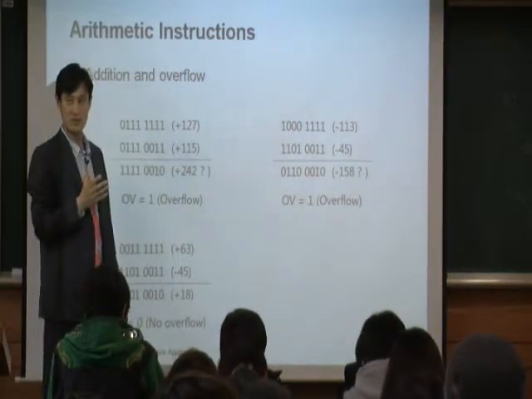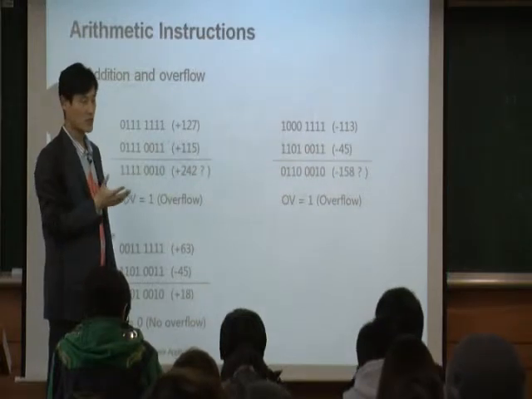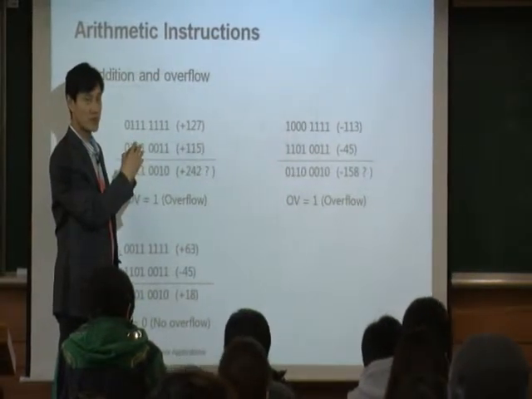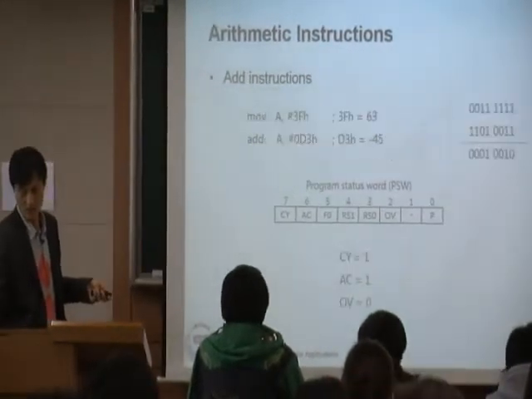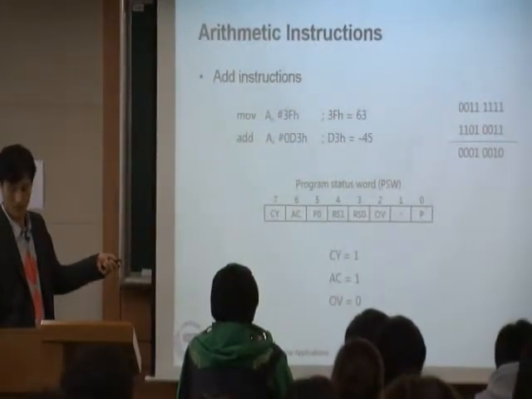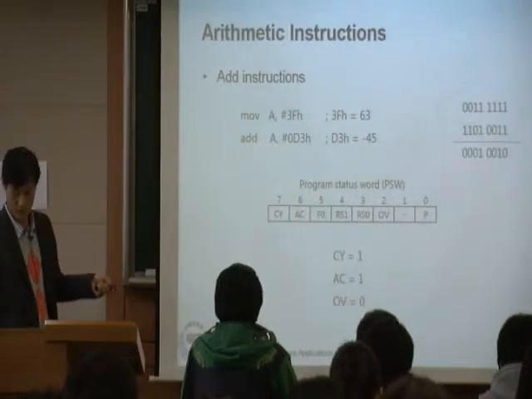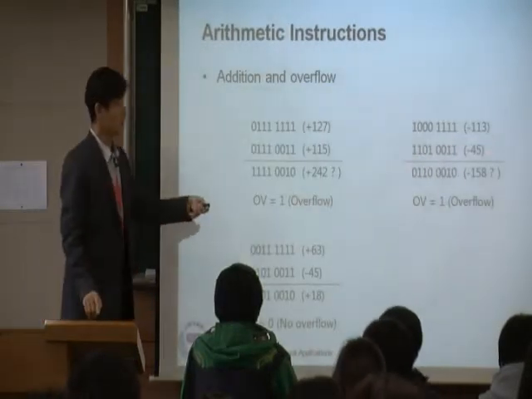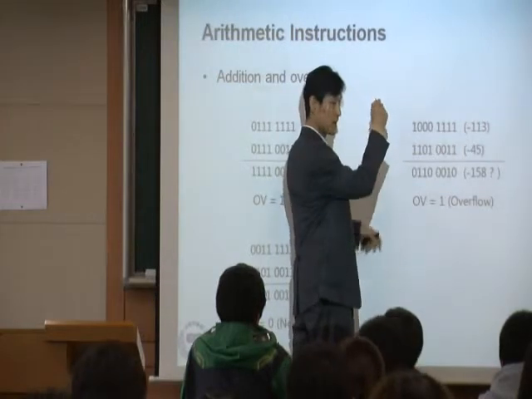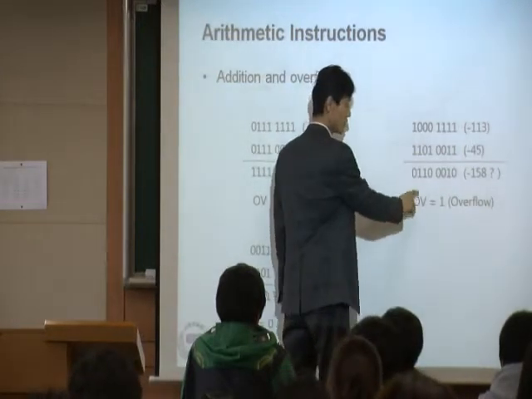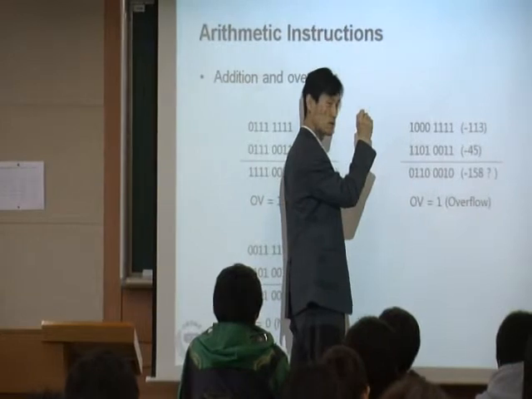Do you understand what I'm saying? I'm talking about the carry flag in the PSW. If you do this addition, you will have a carry flag. Also, the overflow flag is up.